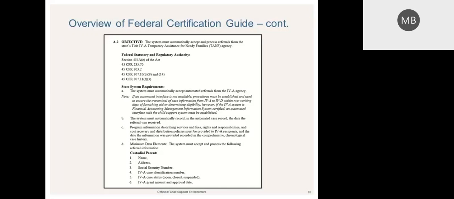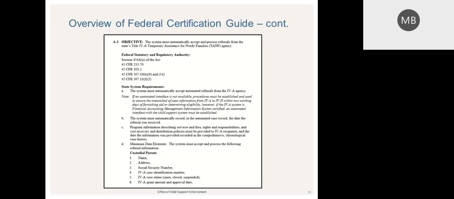C, program information describing services and fees, rights and responsibilities, and cost recovery and distribution policies must be provided to the recipient, and the date the information is provided recorded in the comprehensive chronological case history.